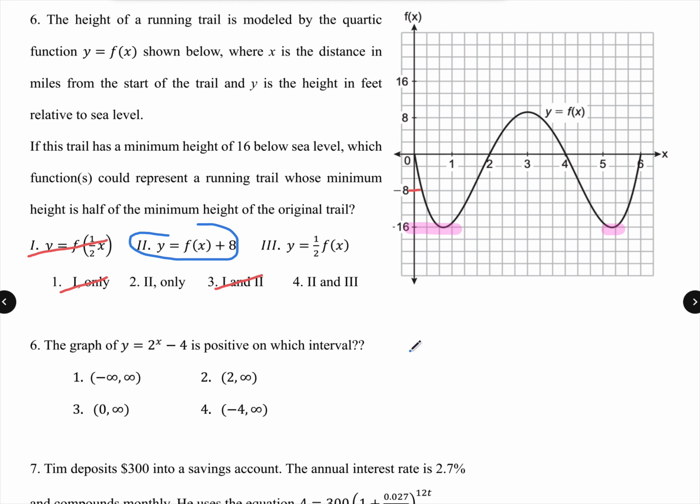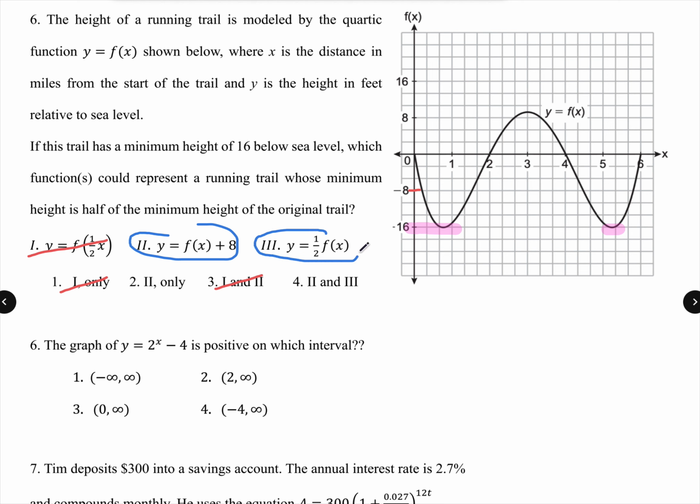And then number 3, we're having essentially the min and the max. So if I go to this point right here and I know the min is negative 16 and I say negative 16 times 1/2, what answer am I going to get? Negative 8. It doesn't matter what my max is, I'm only really looking at my min right now.